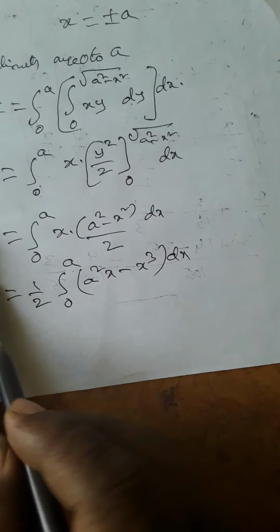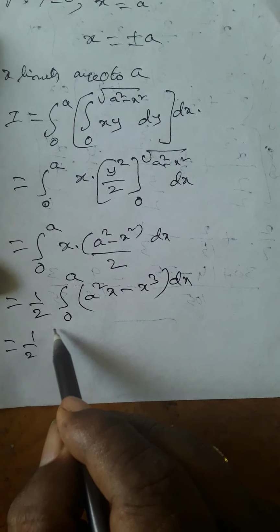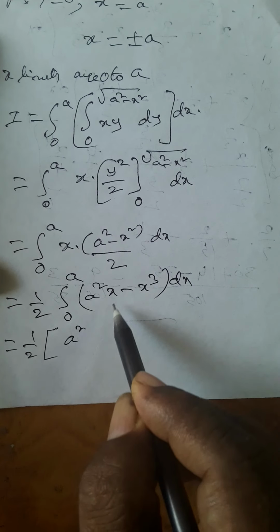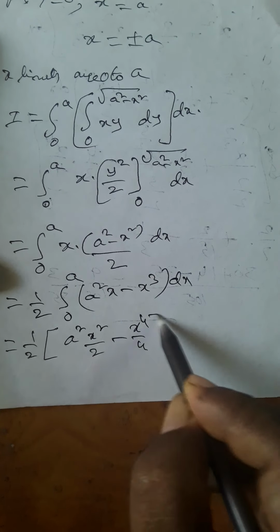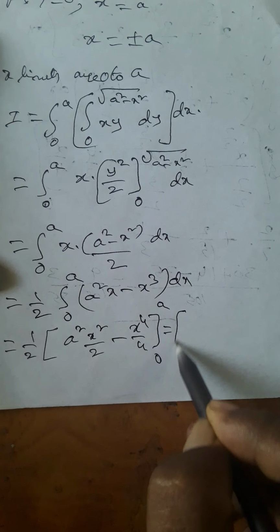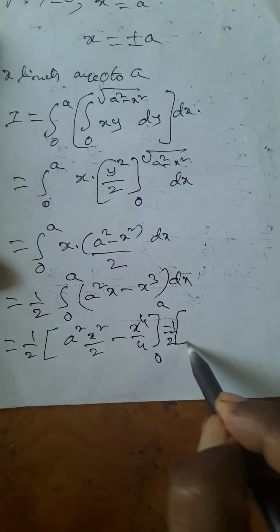1 by 2, a square, integral x is x square by 2, integral x cube is x power of 4 by 4, 0 to a. 1 by 2, substitute upper limit.